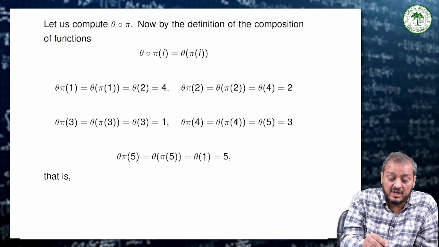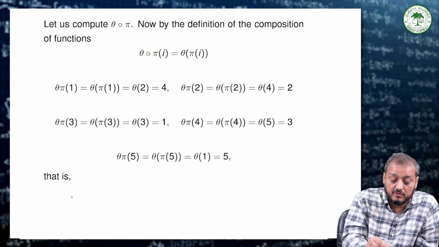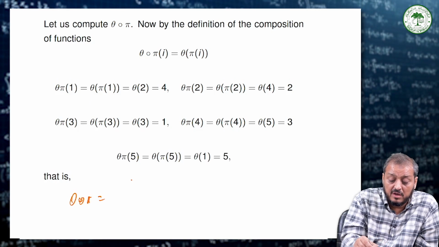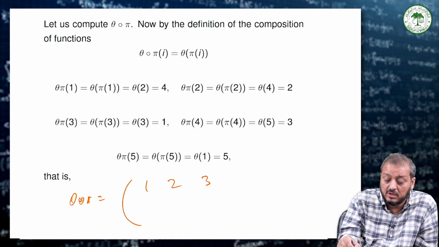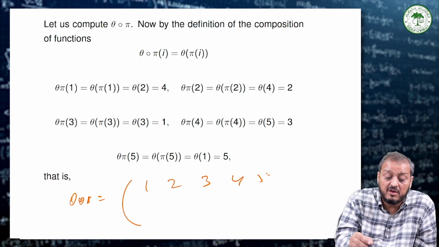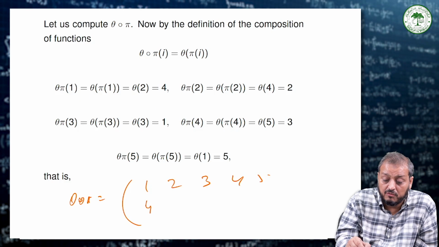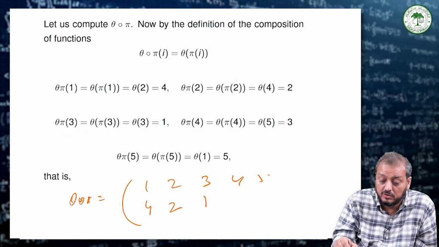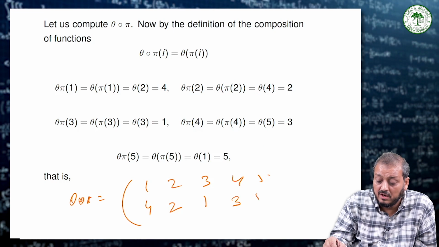This means we can say that this can be written in the form of theta composition pi, with the top row 1, 2, 3, 4 and 5, and the bottom row 4, 2, 1, 3 and 5.